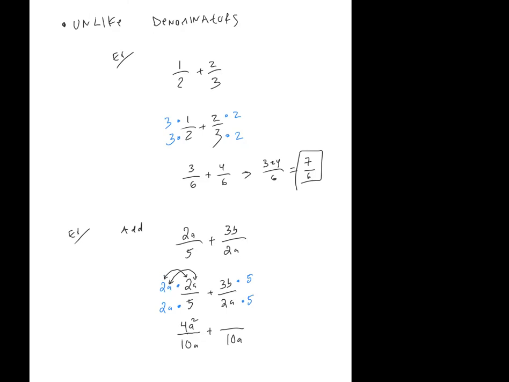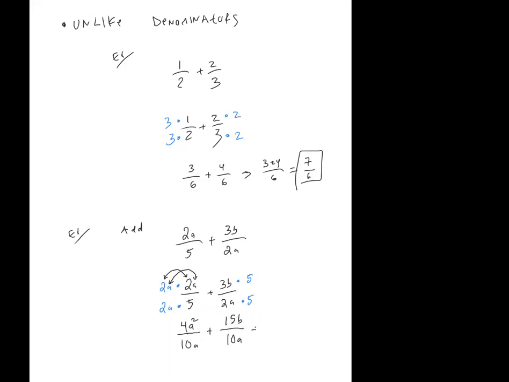Then we multiply the letter a times the letter a, giving us 4a squared on the top. Does that make sense there? All right, and what about the second one? What do we get the second numerator to be? 15b. Very good, 15b, right?